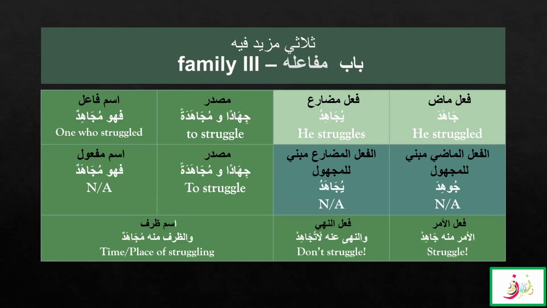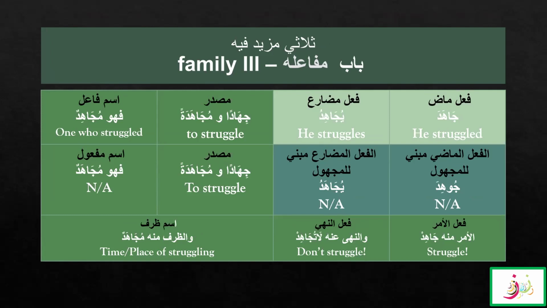You can also do this for Fale Bab Mufala, family 3, Salasi Mazid Fihi, for Fale Madi Mabni Lil Majhul. As I mentioned, we are only going to focus on the Fale Madi and Fale Mudari Mabni Lil Majhul.